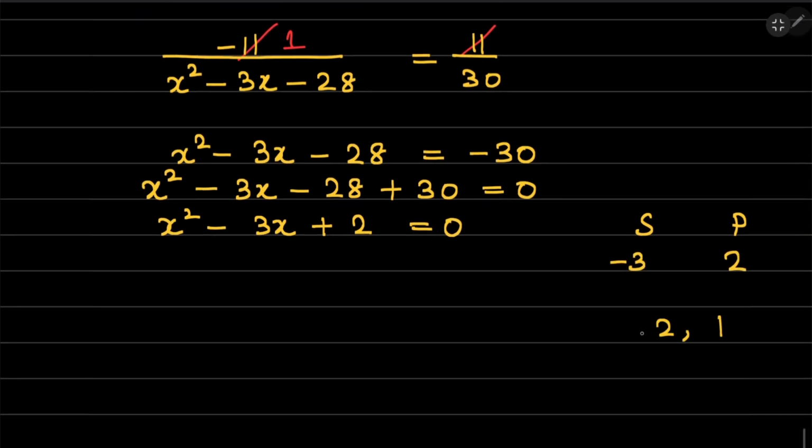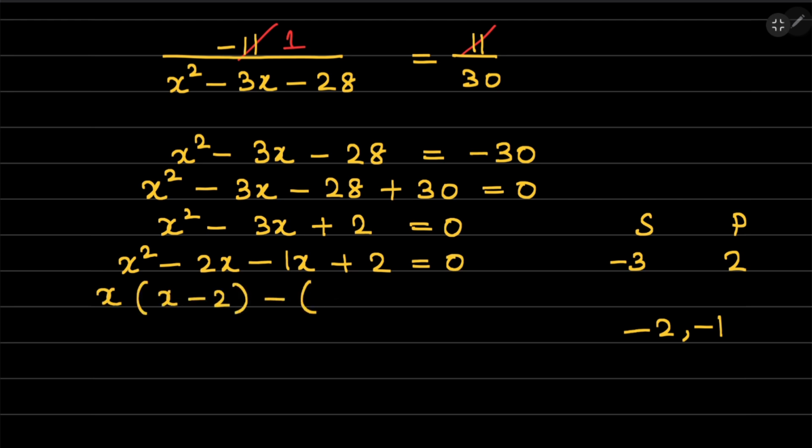So 2 and 1 are the numbers. Put a negative sign to both. So x square minus 2x minus 1x plus 2 equal to 0. Take x common out, x minus 2, minus 1 common out, x minus 2 equal to 0. So the two roots are x minus 2 multiplied by x minus 1 equal to 0.